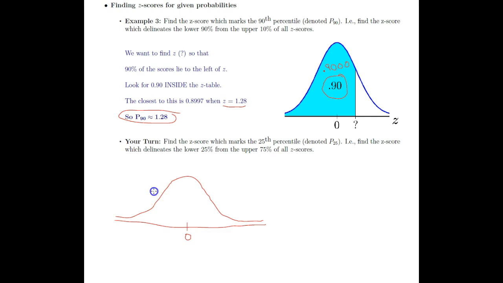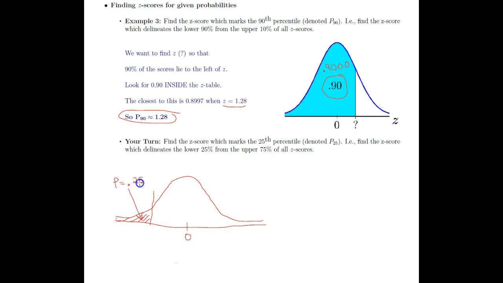Well, it's going to be to the left of 0 because 0 would separate 50% of my data. So I'm looking for my lower 25%. That's definitely going to be to the left of 0. So I know that inside here, my probability is going to equal 0.25.